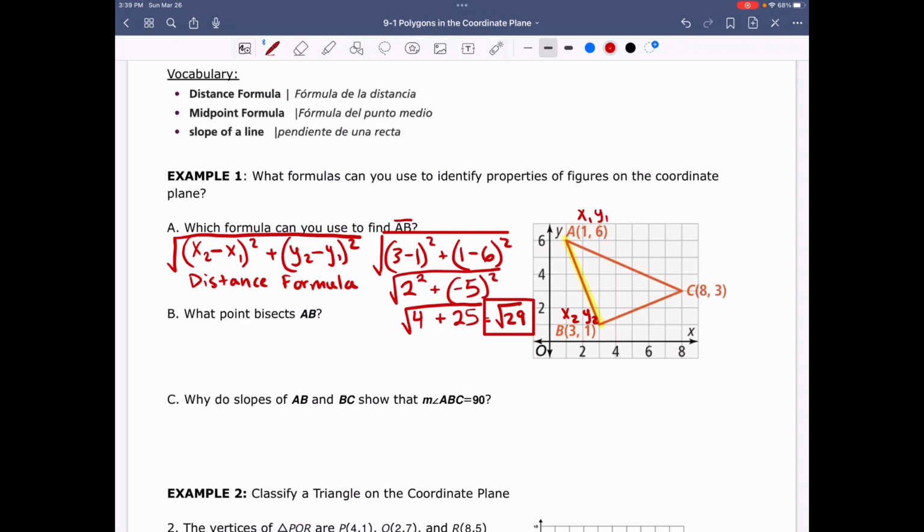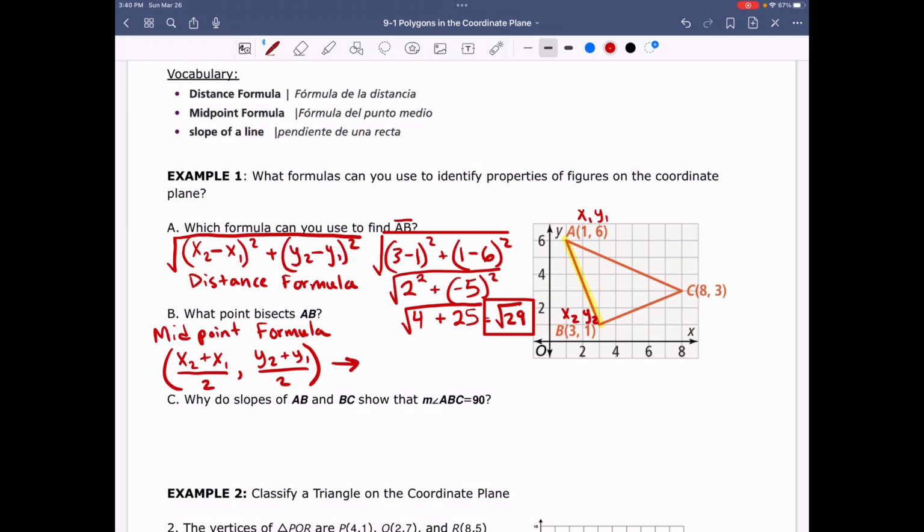And we would use the midpoint formula to figure out the bisector of AB. The midpoint formula is x2 plus x1, it is plus this time, divided by 2, comma, y2 plus y1 over 2. And we will apply that.